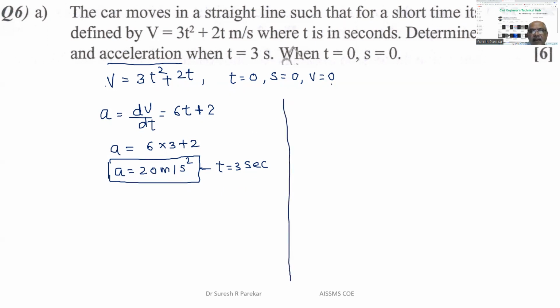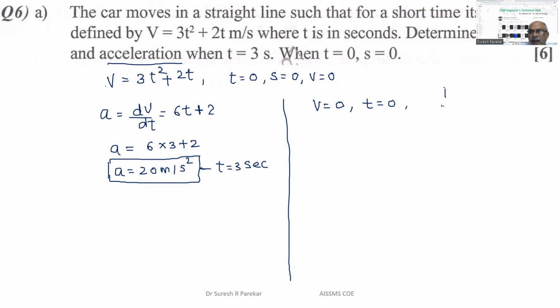And then we have to find position. Now we have to check whether velocity is going to become negative. No, because v equals 0 only at t equal to 0, and after this velocity is positive. Therefore position, displacement and distance are all the same, because it starts from the origin.